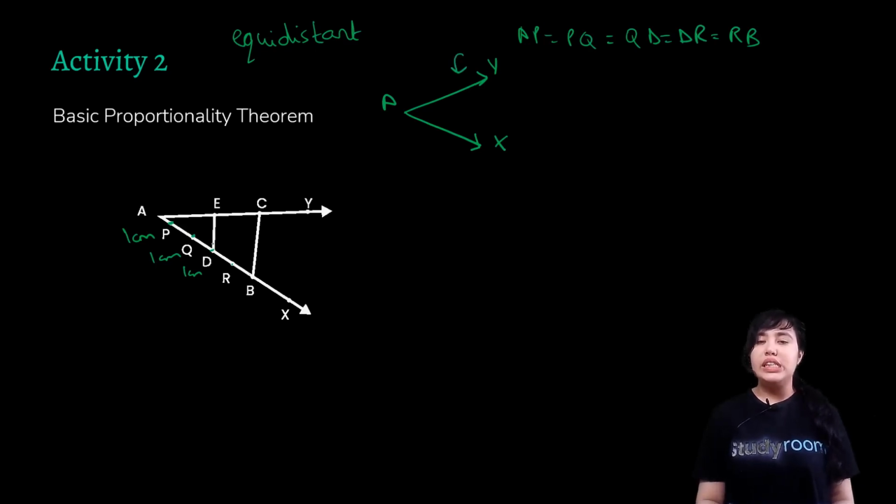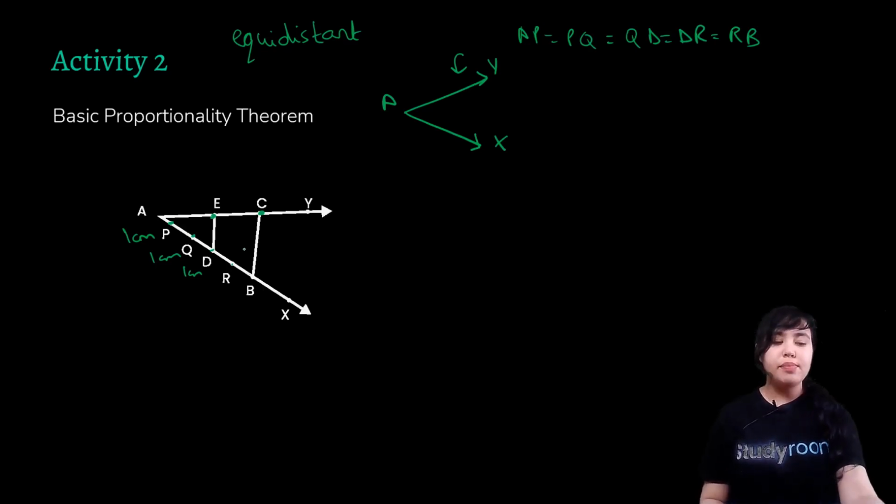Now this point D, you draw a line segment from here, make it touch your ray AY at this point E. Draw a line segment from point B and make it touch ray AY at point C. Okay. Once you're done with this, now you need to make some measurements. So what you can measure is, measure AD for me.